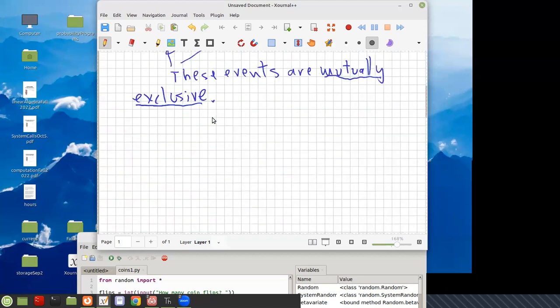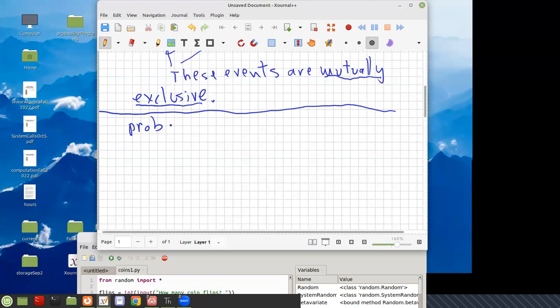Okay. Now, these are simple sample spaces, but what if our probability experiment was tossing two coins?